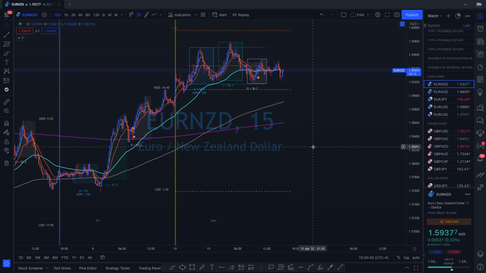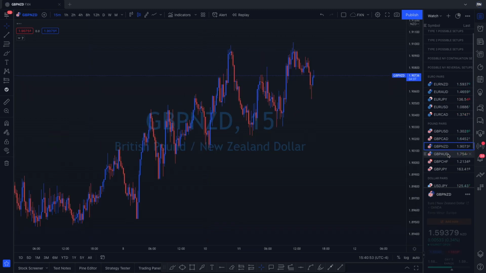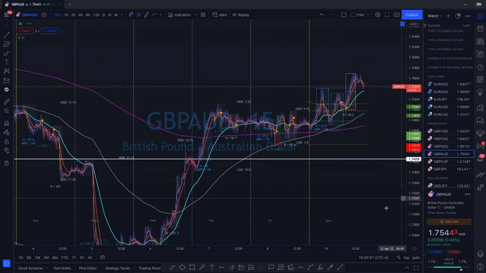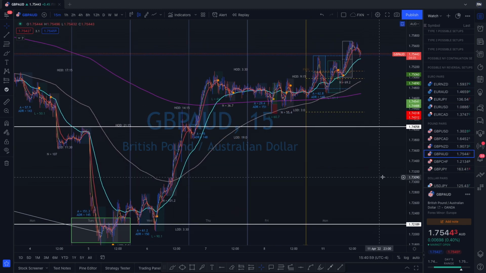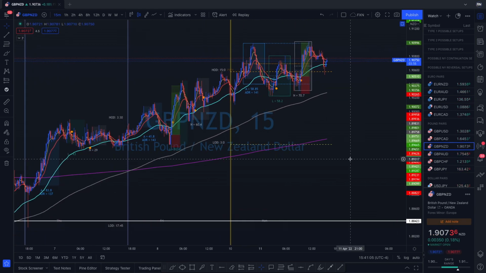Also, another thing that I like about specifically NZD AUD pairs, and even with pound NZD, pound AUD, it's the same thing. They both move very close to identical to each other. But one thing that you'll notice, at least I noticed this today when I was taking a trade on pound NZD.